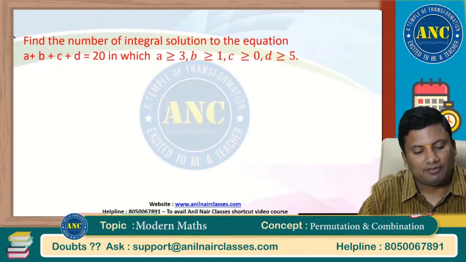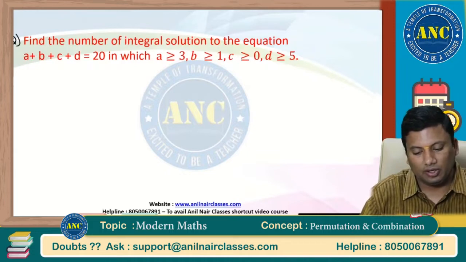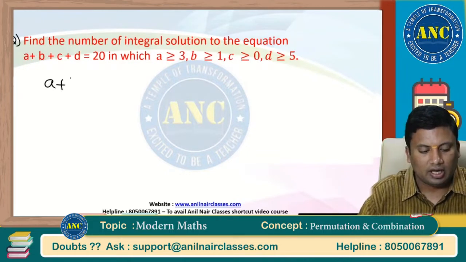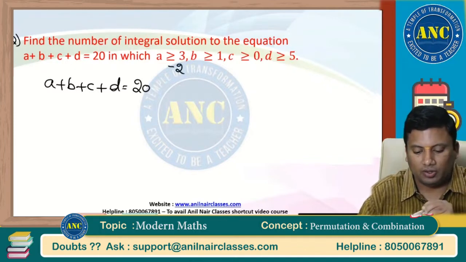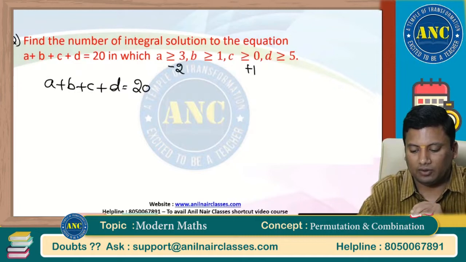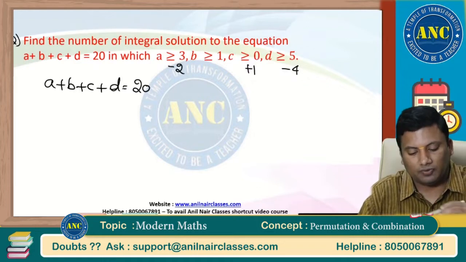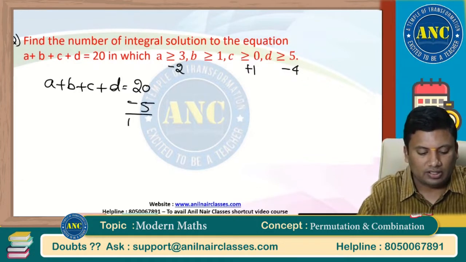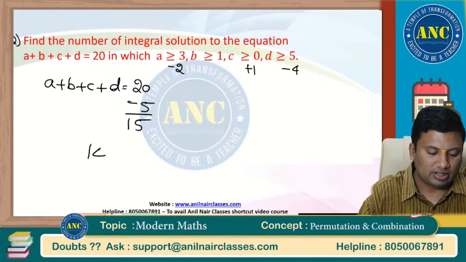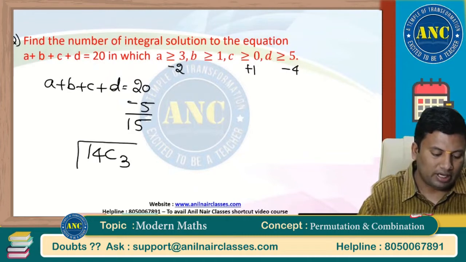Second one. Find the number of integral solutions to the equation a + b + c + d = 20. Here minus 2, I have to add. Here plus 1, I have to add. Here minus 4, I have to subtract. Minus 2 plus 1 is minus 1, minus 4, minus 5. So the answer is 14C3.